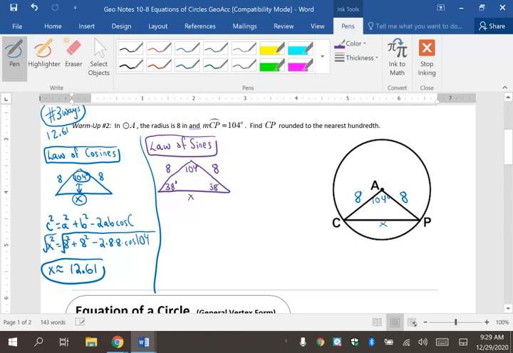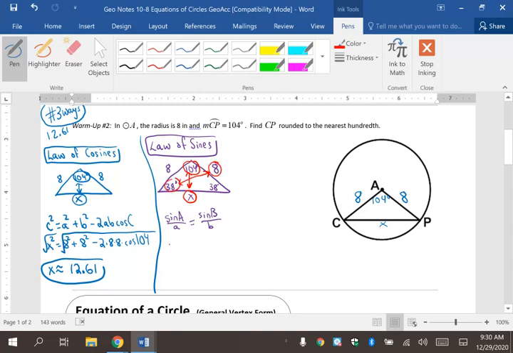And now we're going to use law of sines. So I am going to write down the formula. Sine of angle A divided by its opposite side equals sine of angle B divided by its opposite side. Circle the unknown you want and its opposite angle, and then circle another side and its opposite angle pair.